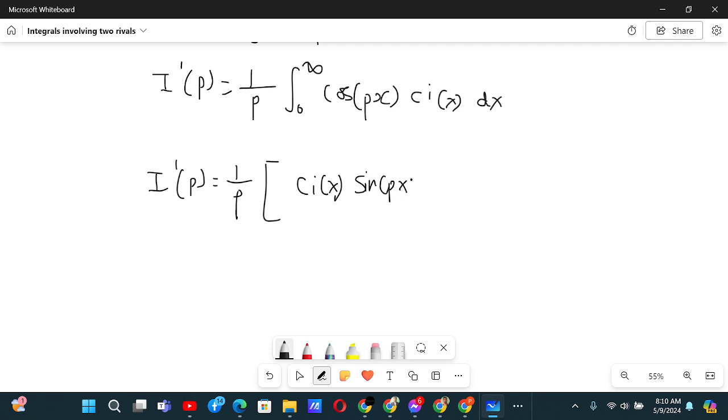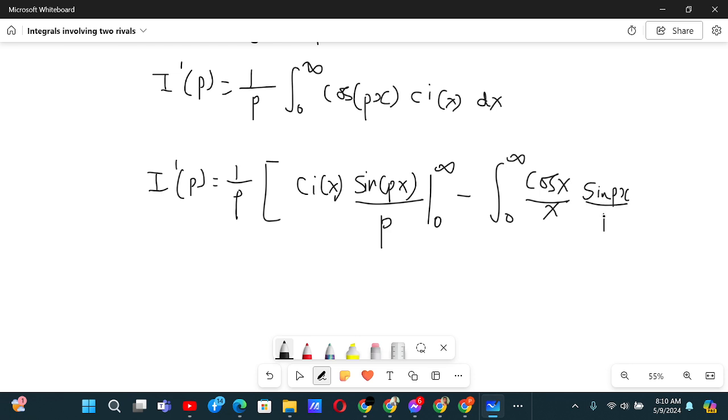Fortunately, this product goes to 0 in both cases, at infinity and at 0, so it need not be considered. We have the integral from 0 to infinity of cos x by x times sin px by p dx.